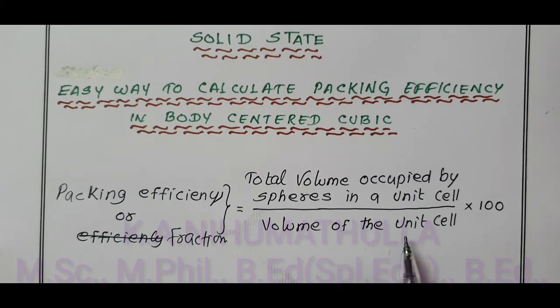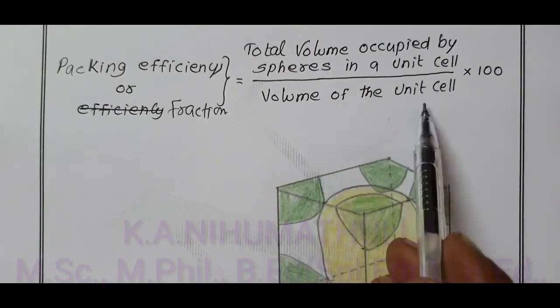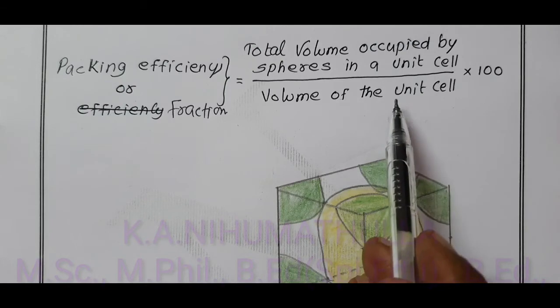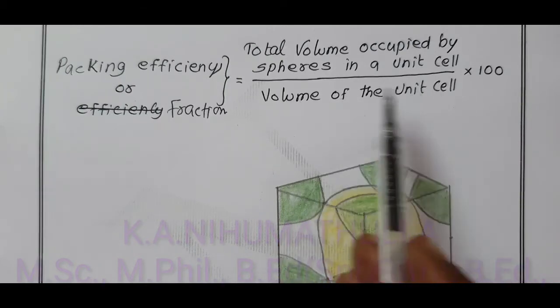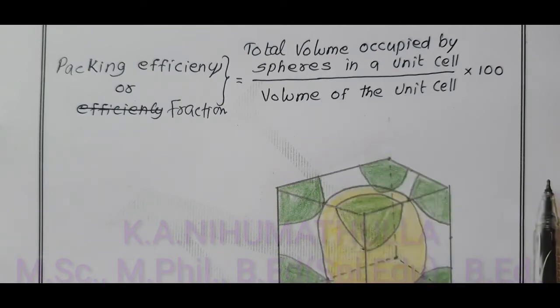Volume of the unit cell is a constant value for a cubic unit cell. We are studying only cubic unit cells. In a cubic unit cell, all the edge lengths are equal. Therefore, volume of the unit cell is a into a into a, equal to a cube.